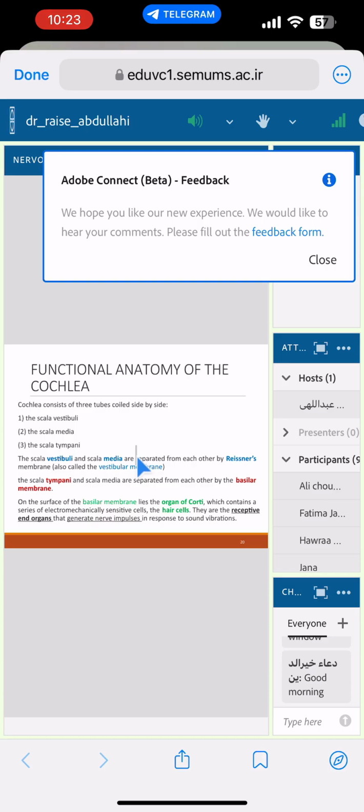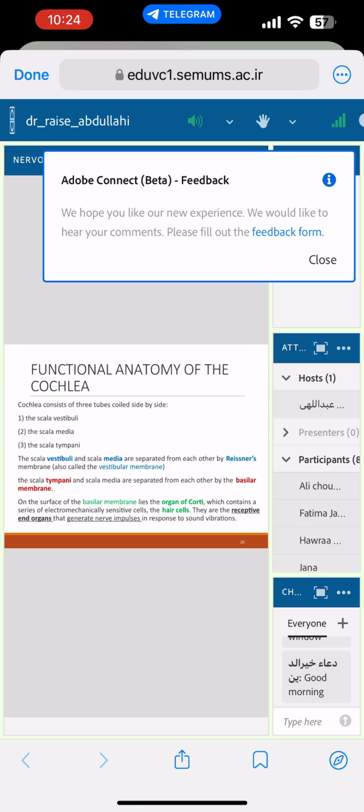The scala tympani, the lower one, and the scala media are separated from each other by the basilar membrane.